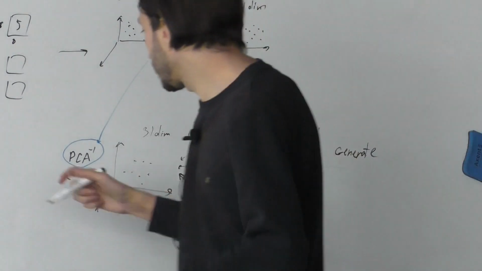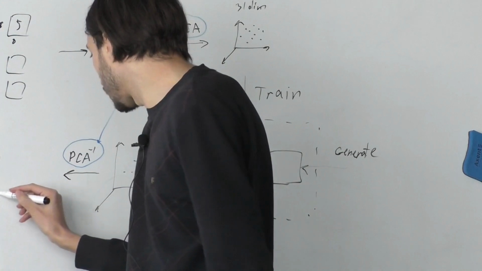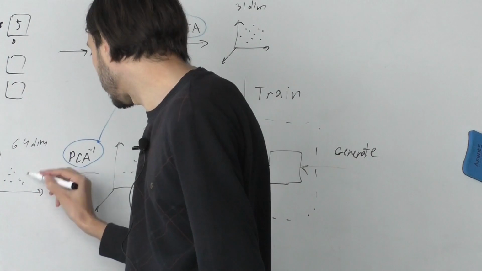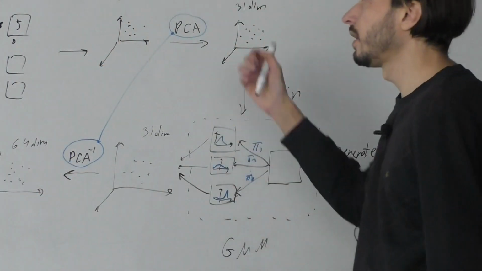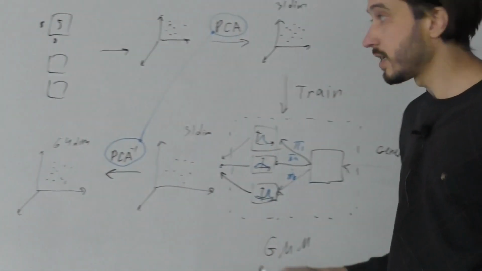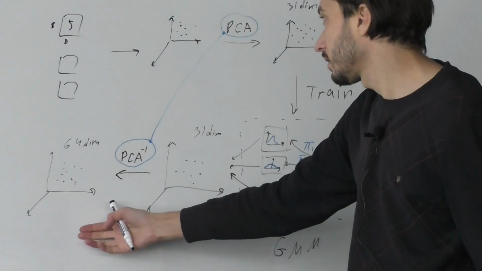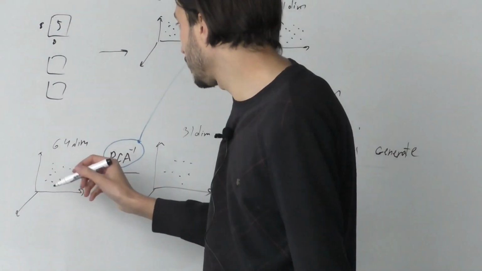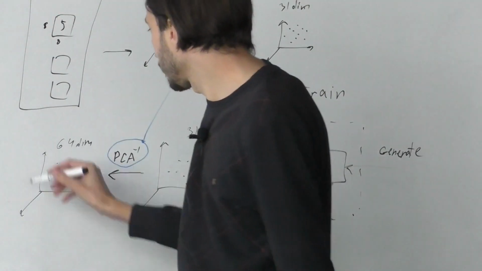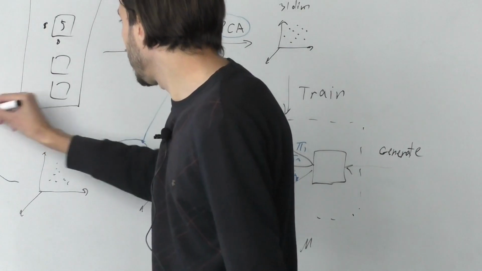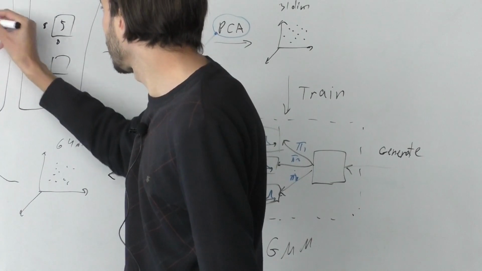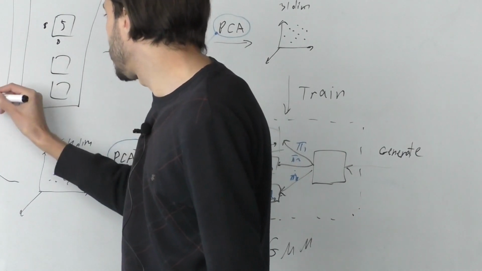That returns me to the 64-dimensional space. And now these points can be treated as images 8 by 8. So this was my original data set. I can treat that as images and say that here is my generated data set. So some more images.